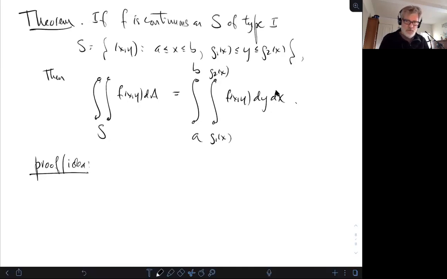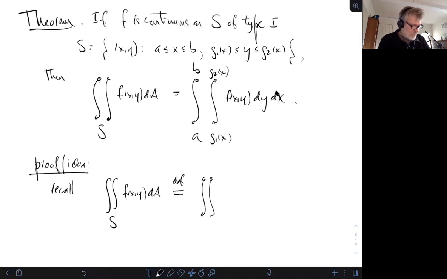So how does this work? Again, recall that the double integral over S of little f, what is that? By definition, this is the double integral over some rectangle that we choose that contains S of this new function, big F, which is little f on S and 0 outside.